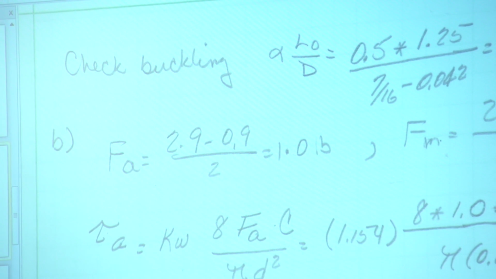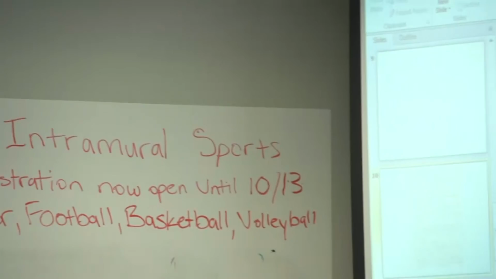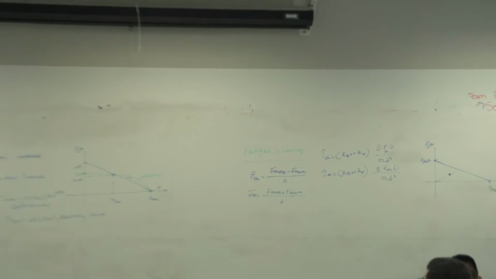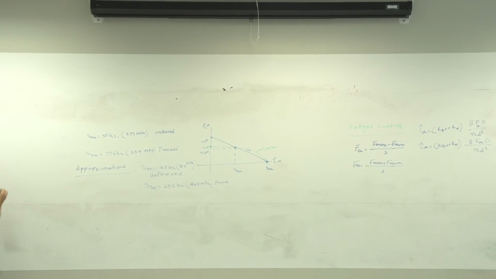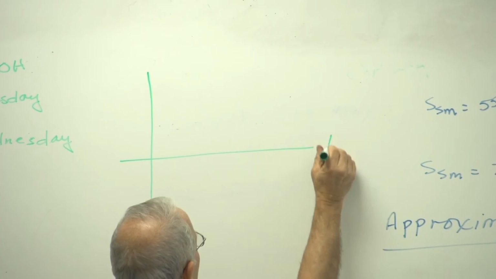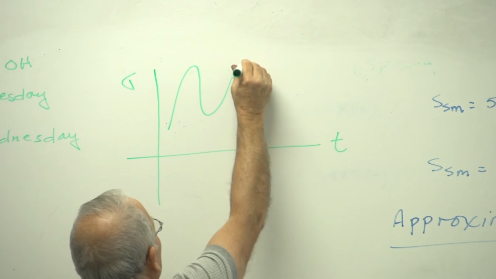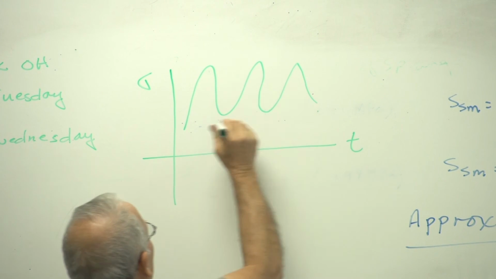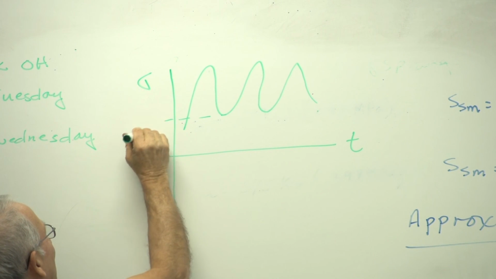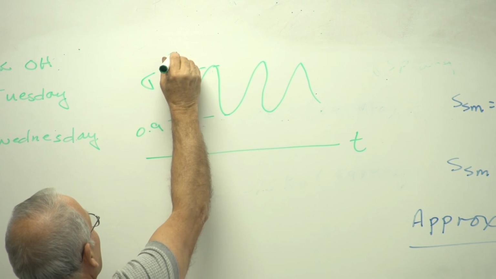Therefore, when we calculate the alternating and mean forces, we do it this way. For example, in this case, that's what we have, with this being 0.9 and that being 2.9.